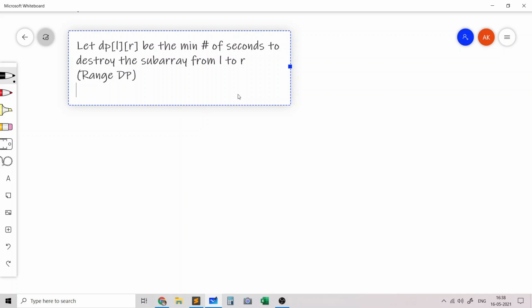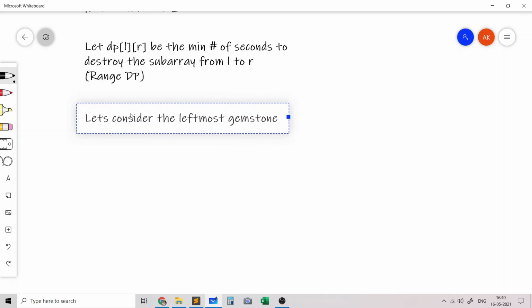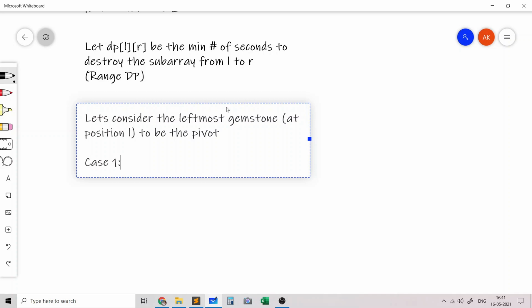Then the key idea behind why we can use range DP is that when we are trying to evaluate DP of L to R, let's consider the leftmost gemstone to be the pivot. So basically we are trying to find what cases are there when we are viewing it from the perspective of the leftmost gemstone.